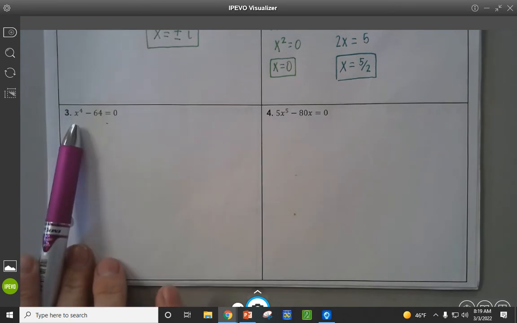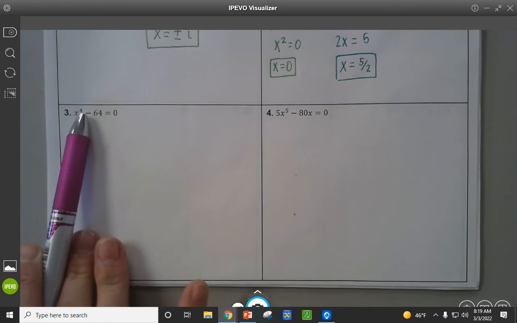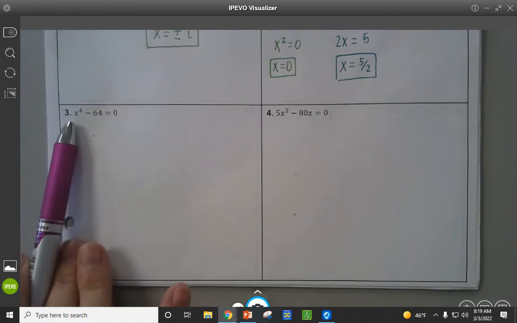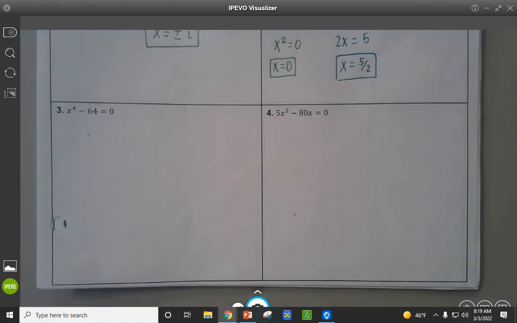So if this was x to the 6th, technically that would fit both of them. So if it was x to the 6th minus 64, you're going to have to do two things regardless. I would always start with the difference of squares because that's way easier. So I would do the difference of squares first and then break it down again if you can.